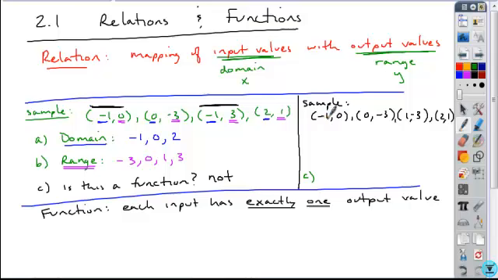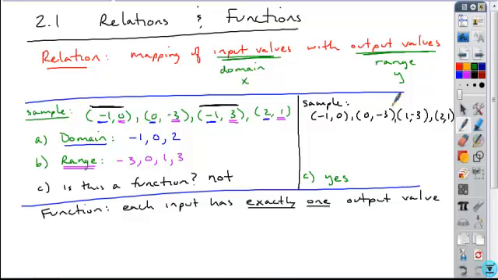When we have an input of -1, are there any other inputs of -1 that would yield something different than 0? No. What about 0? Any input of 0 that yields something different than -3? No. Any input of 1 that yields something different than -3? No. And finally, any input of 2 that yields something different than a 1? No. So yes, it is a function.